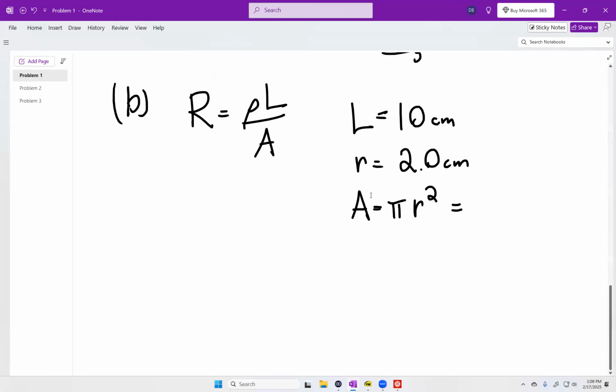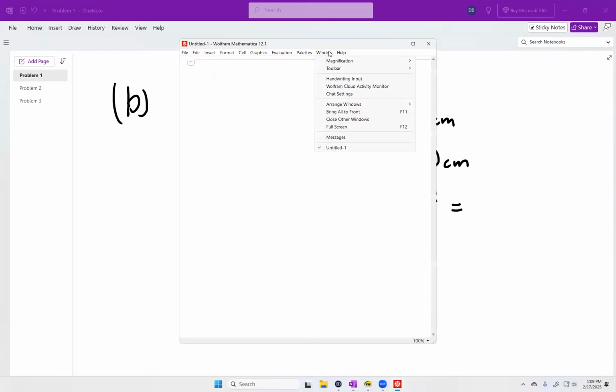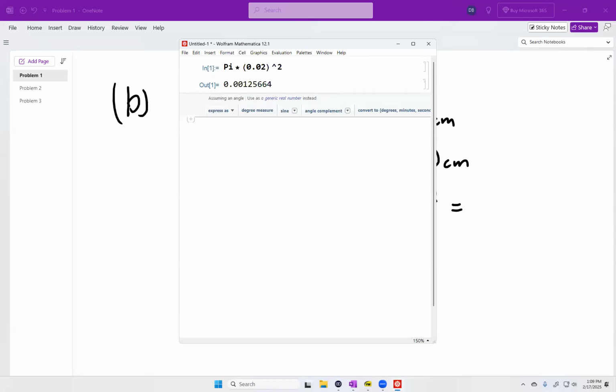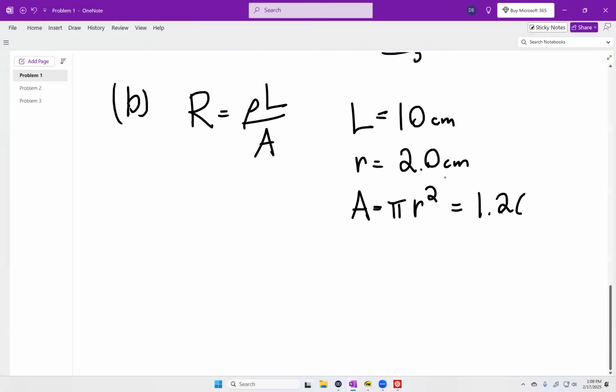Let's go ahead and calculate that. Okay, I get this number, 1.26 times 10 to the minus 3 square meters. And I just want to rearrange this to get the resistivity rho.